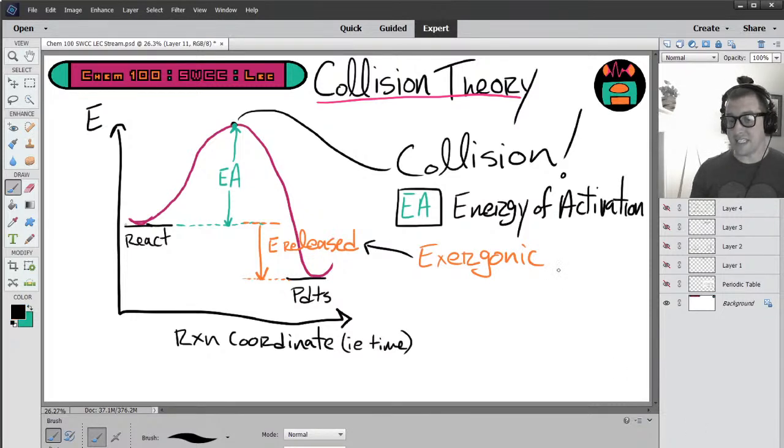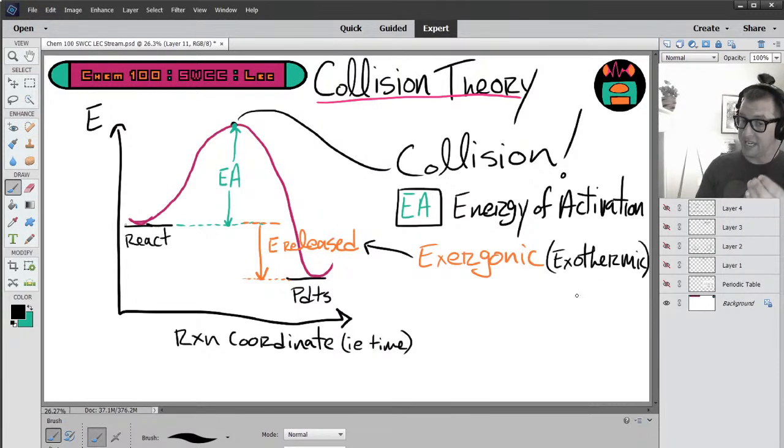Another way to think of this is you could think of it as exothermic. Technically, those are two different things, but they're very closely related. So if remembering that exergonic is exothermic, which is the release of energy, if you find that helpful, roll with it.